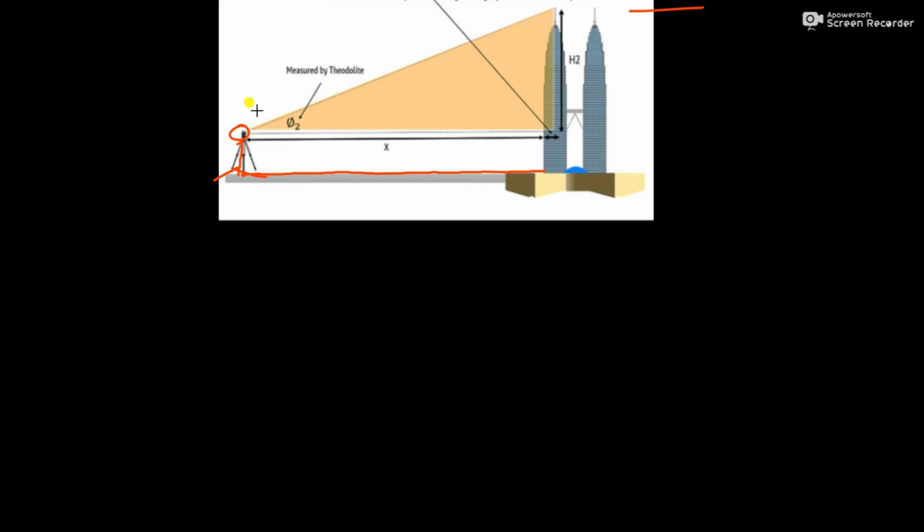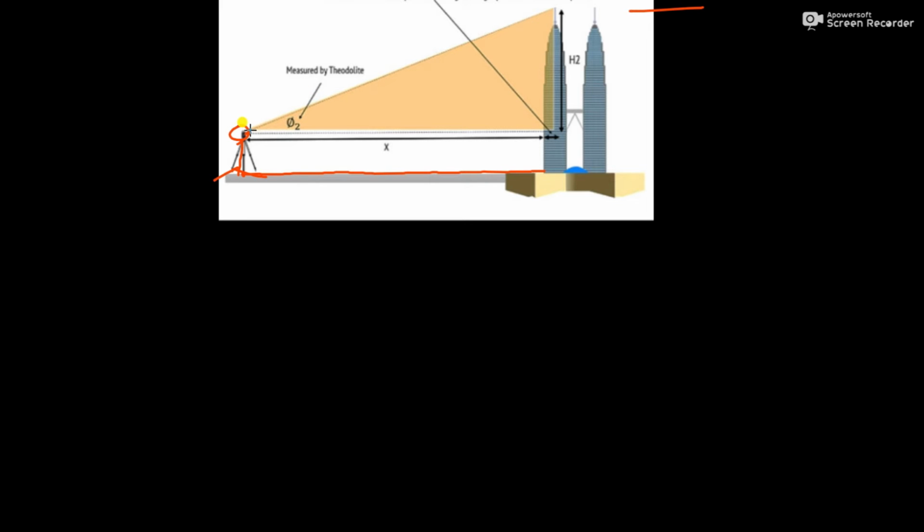So what we can do is place a theodolite where we are standing, on a tripod, and from this instrument a laser is passing. Okay, a laser beam is passing. Through this instrument we can actually look at points directly.